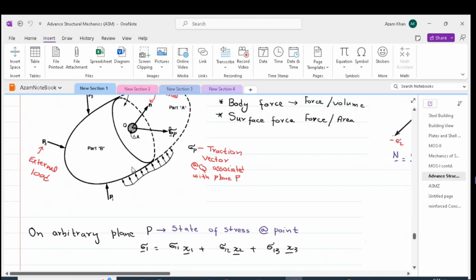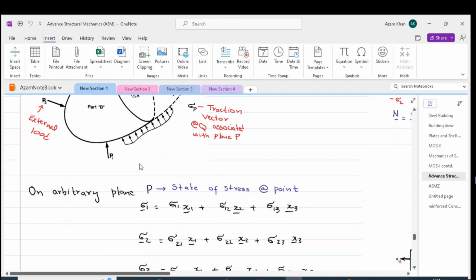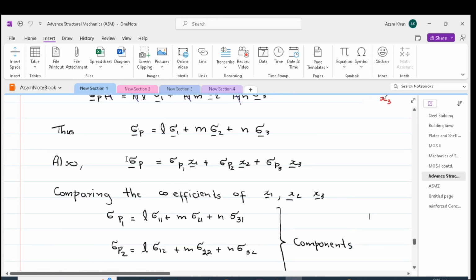The stress vector sigma p acting on the ds has components sigma p1, sigma p2 and sigma p3, shown over here.